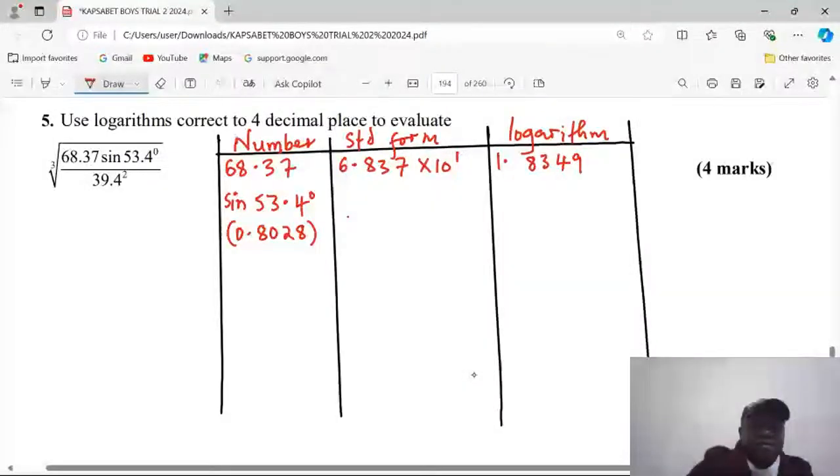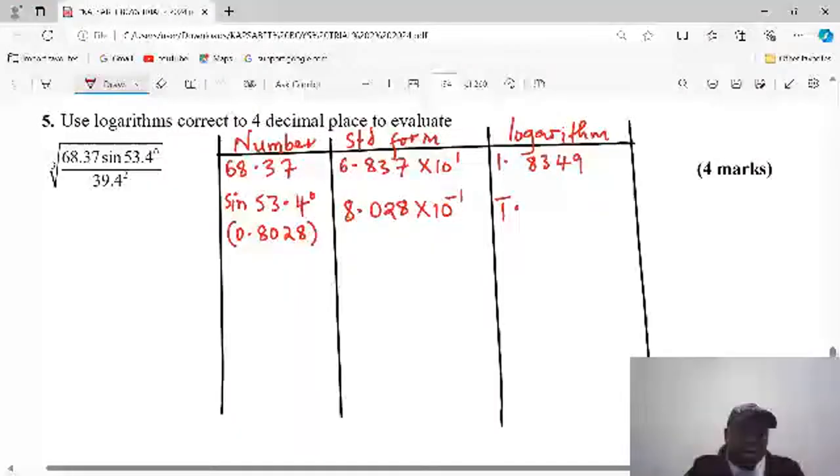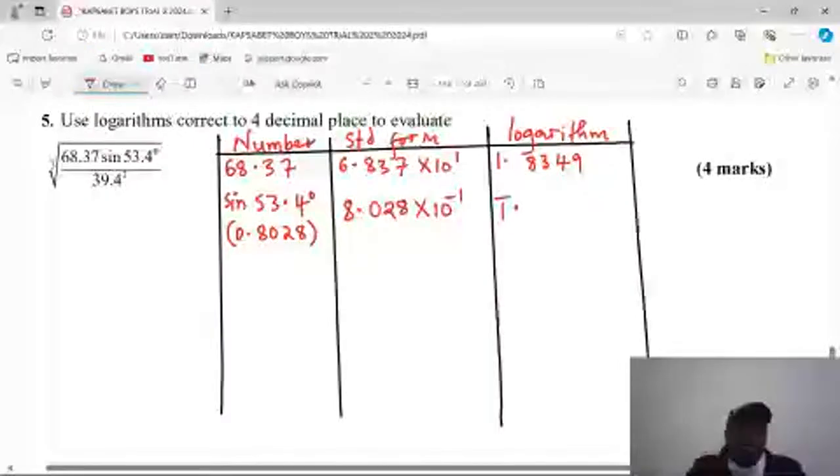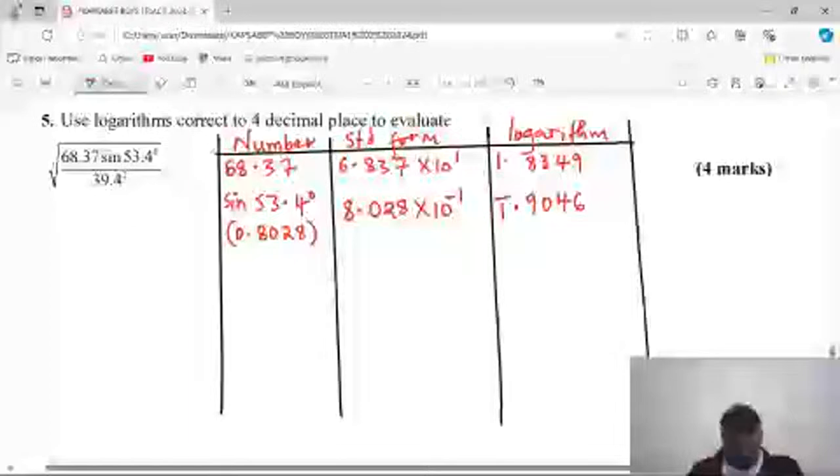So we can have 8.028 times 10 power negative 1, which means the log is going to be bar 1 point 8.028, 9046.